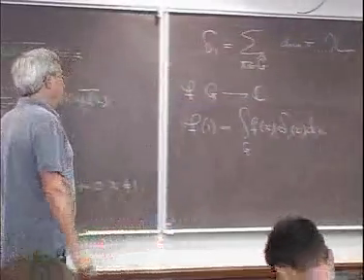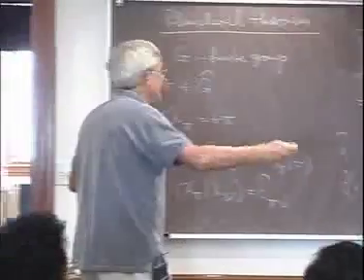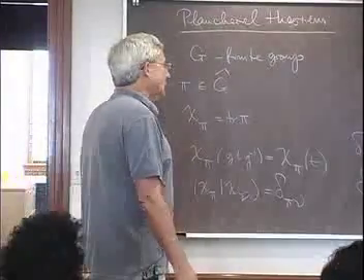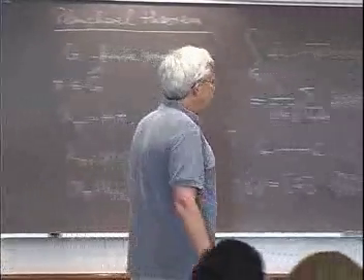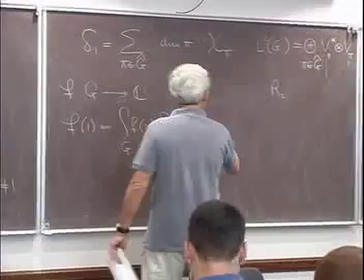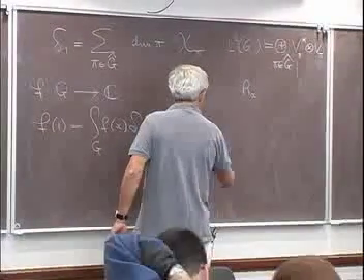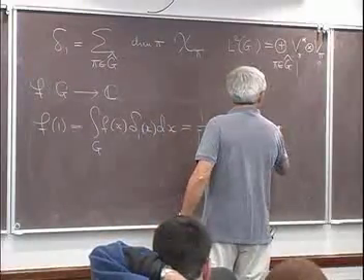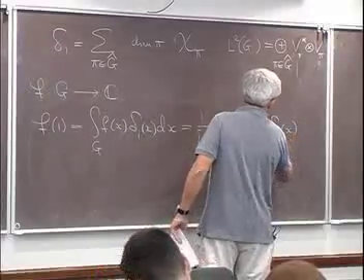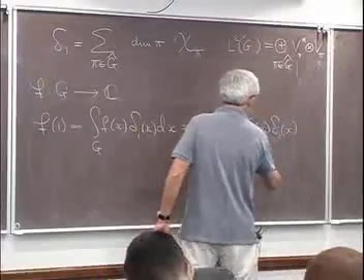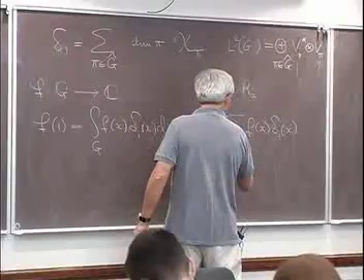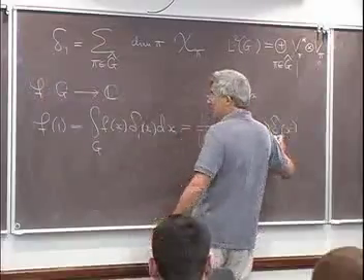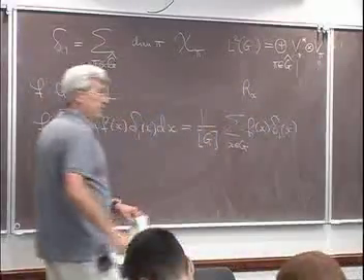I'm nervous with this because these things depend on normalization. The Plancherel formula depends on the normalization of measures, so I am always worried that I'll mess up something. But this is 1 over the cardinality of G, the sum of f of x delta 1 of x. Delta 1 is 0 for all x different from 1, so the only contribution is at the identity, and this is f of 1 times the cardinality. This cancels out, so I get this formula.